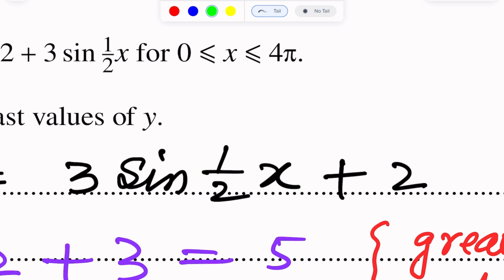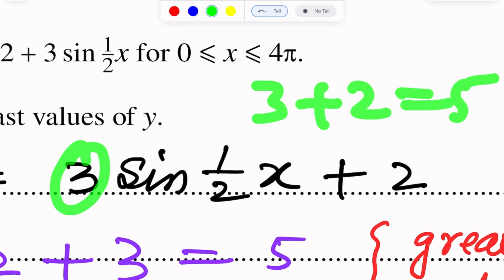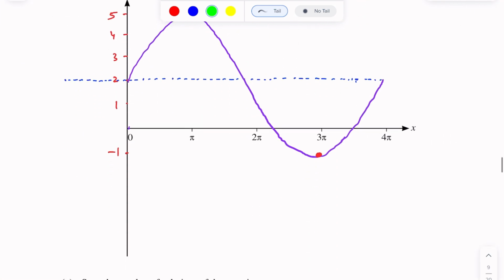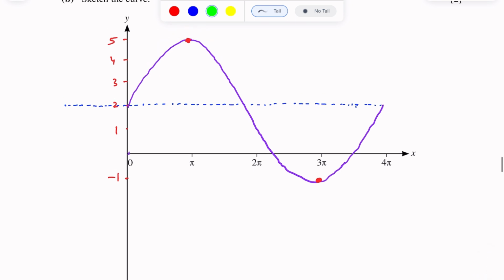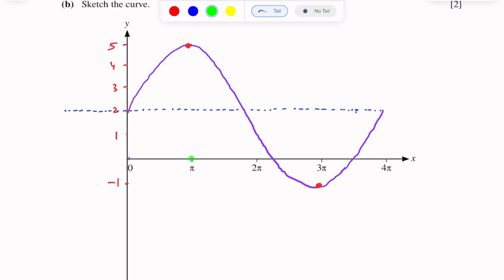Sine pi by 2 is 1, so 3 plus 2 is equal to 5. This is an important feature of the graph. At pi, the graph will take the value 5. The maximum point and the minimum point -1 we have mentioned.